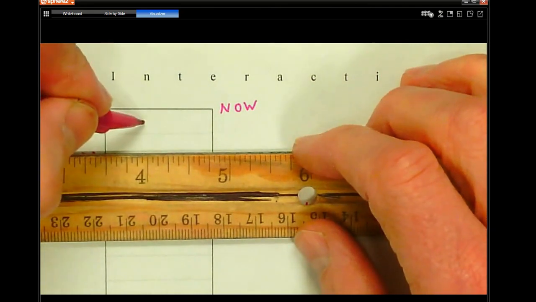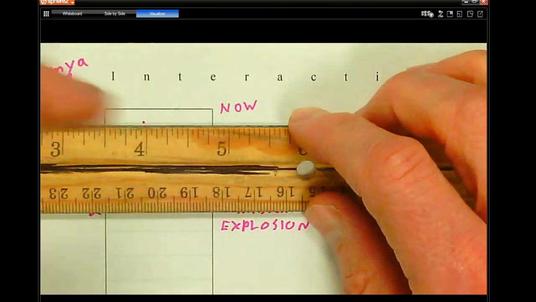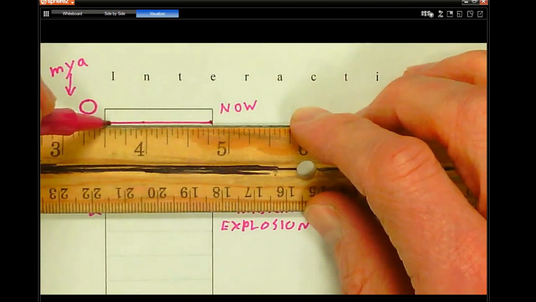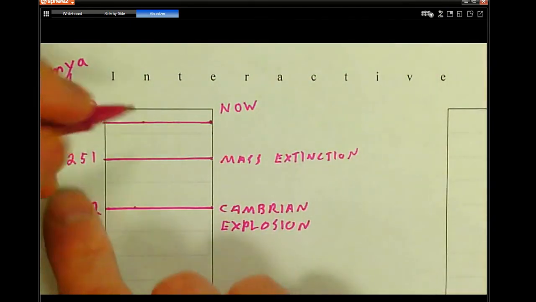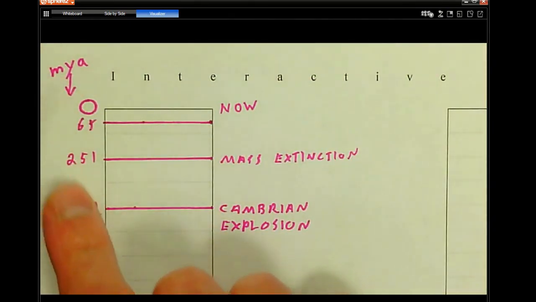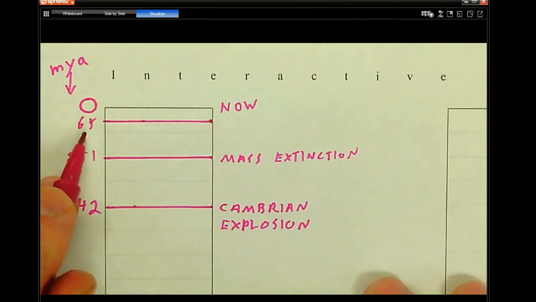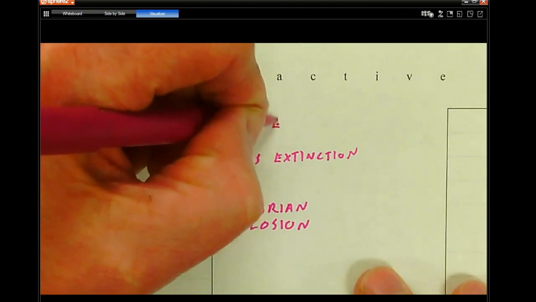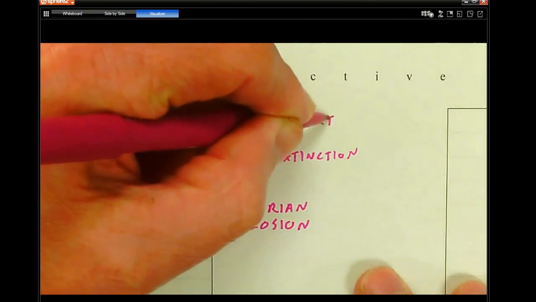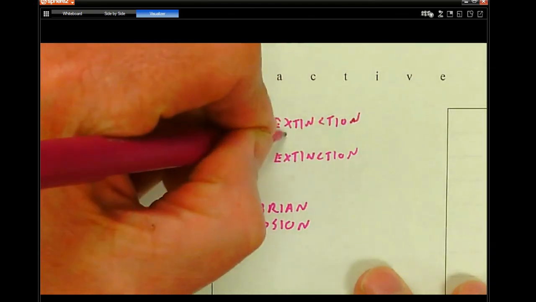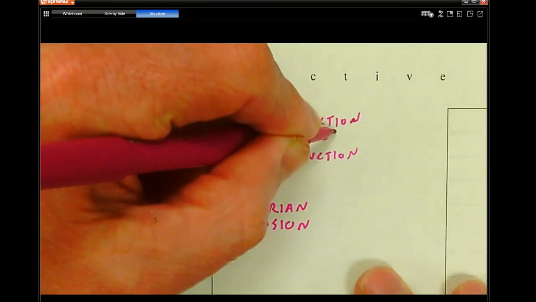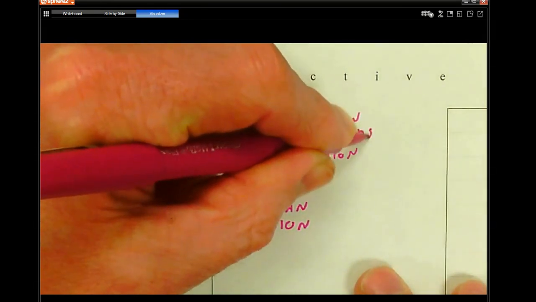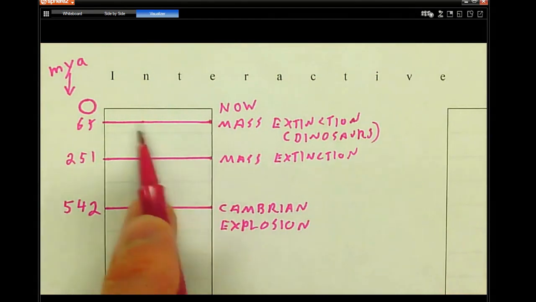So let's put a line at the halfway point of this space. So 65 million years ago, we have another mass extinction. This is the one where the dinosaurs became extinct.